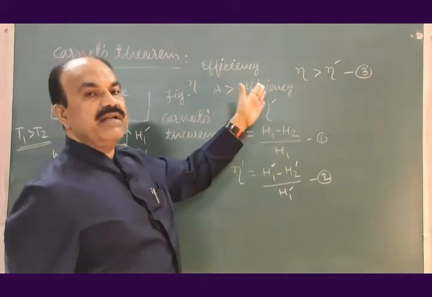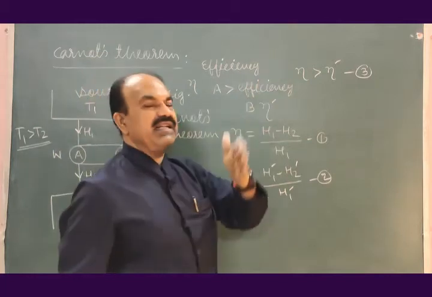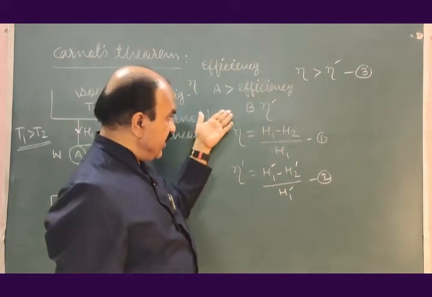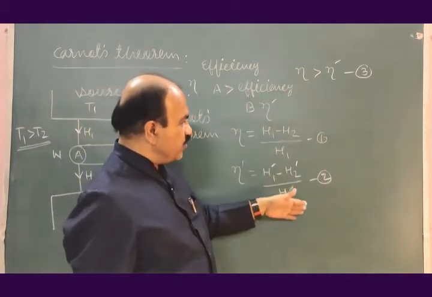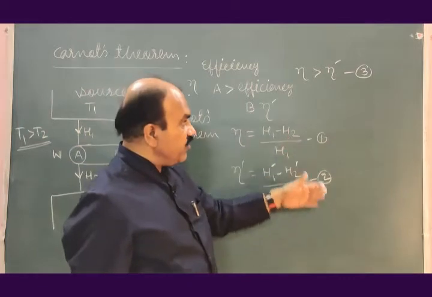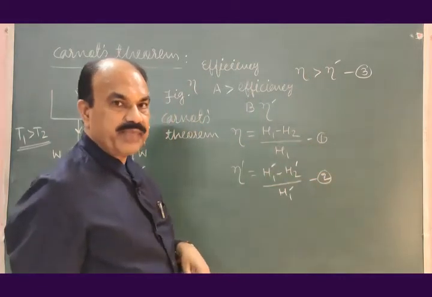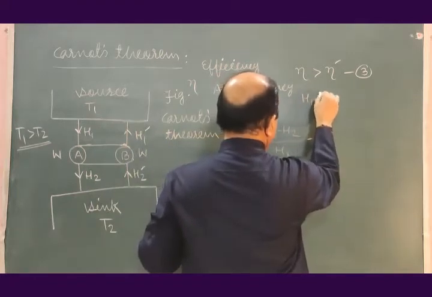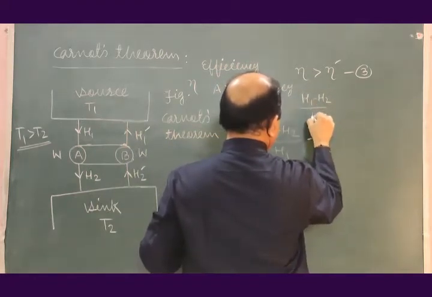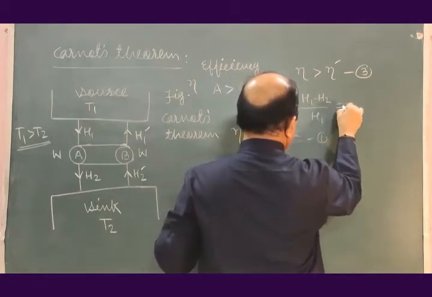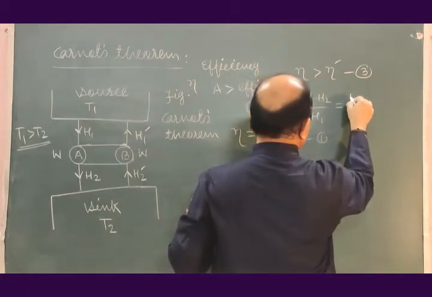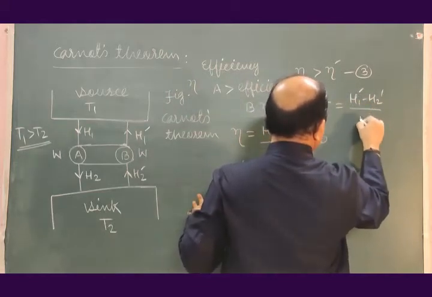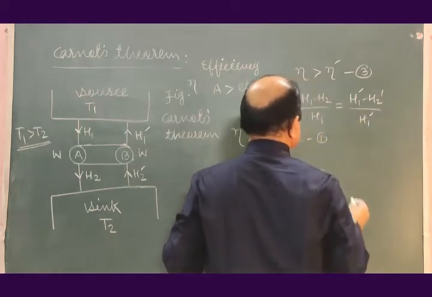The statement made by us is eta greater than eta dash. Let us use equations 1 and 2 in equation 3. So equation 3 will become H1 minus H2 divided by H1 is greater than H1 dash minus H2 dash divided by H1 dash.